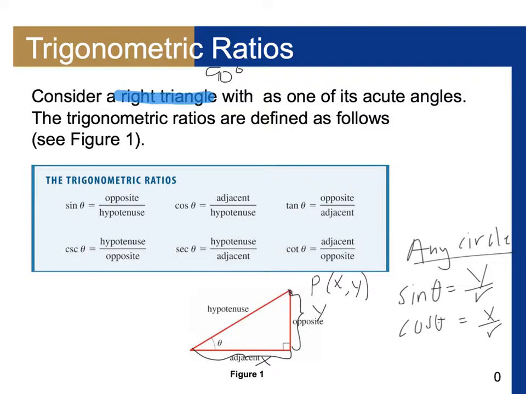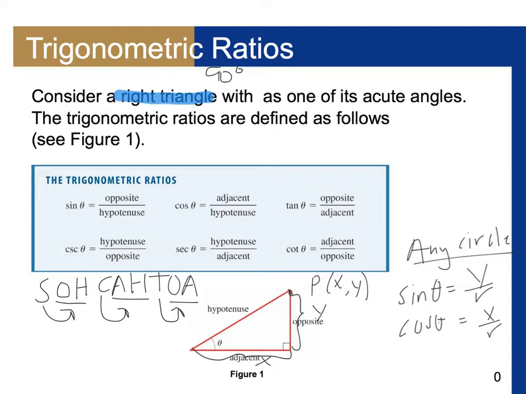You might remember the shortcut, SOHCAHTOA, with an H in there that's silent. Just to show where that comes from, sine is opposite over hypotenuse. Cosine is adjacent over hypotenuse. And tangent is opposite over adjacent. So SOHCAHTOA is an acronym for remembering these relationships.